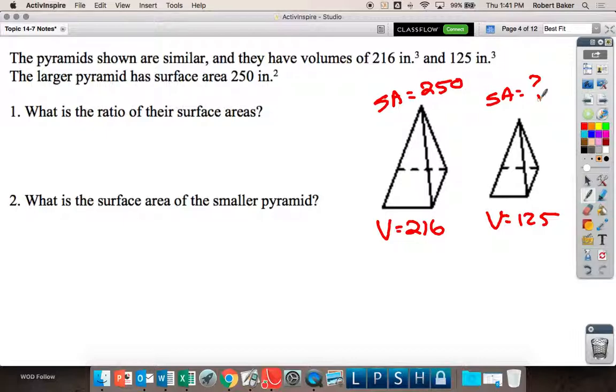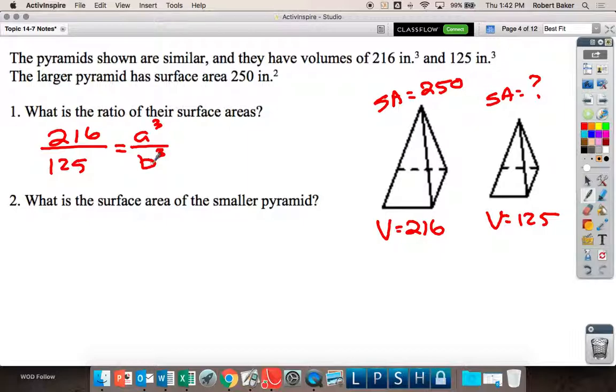Okay, what do we have? We have two volumes. So right now, I know how you want to do big over small or small over big? Big over small. 216 is the volume of the big pyramid. 125 is the volume of the small pyramid. Okay? This proportion is a ratio of volumes, A cubed over B cubed. Now I want a ratio of surface areas.